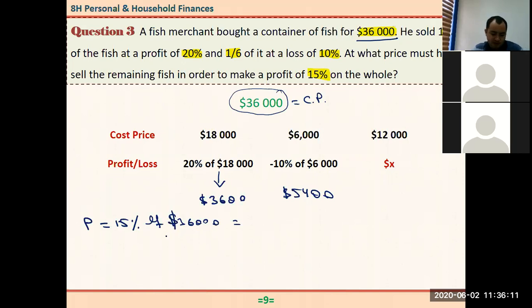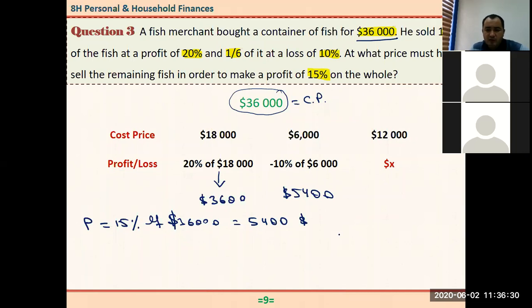Right. So that is 0.15 times 36,000, which is equal to $5,400. We are expecting to make this much profit on this, right?